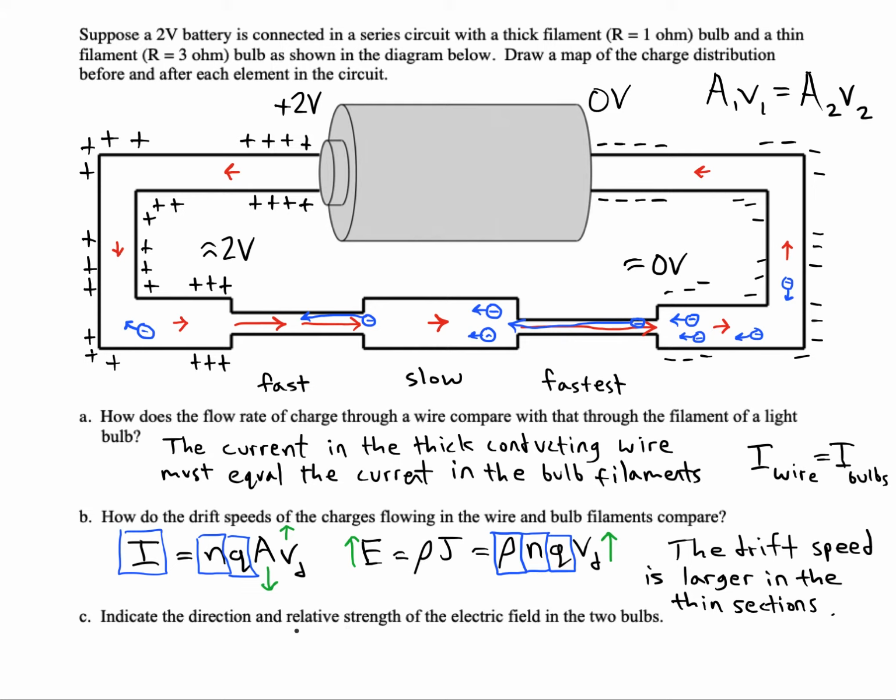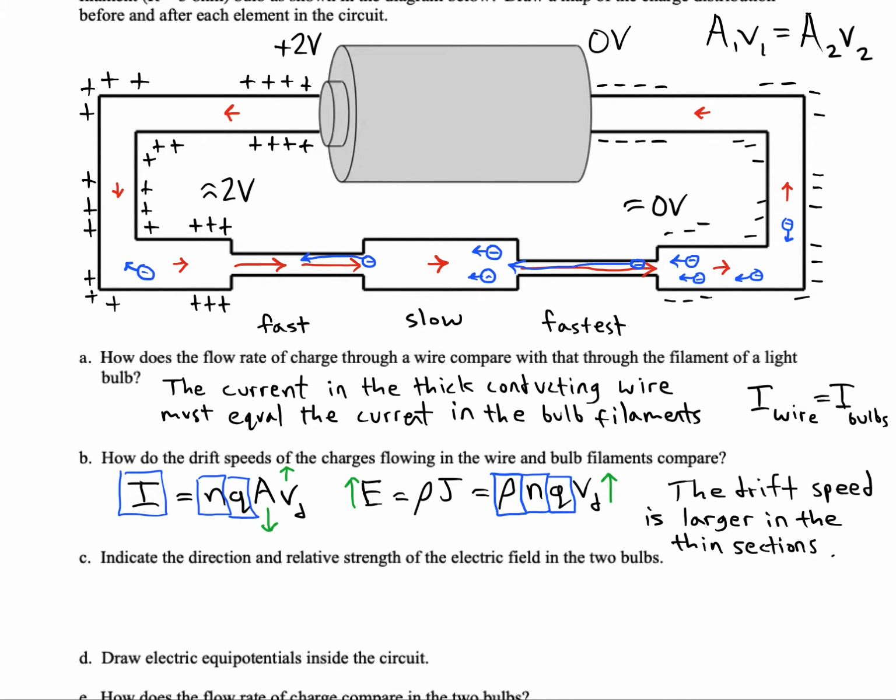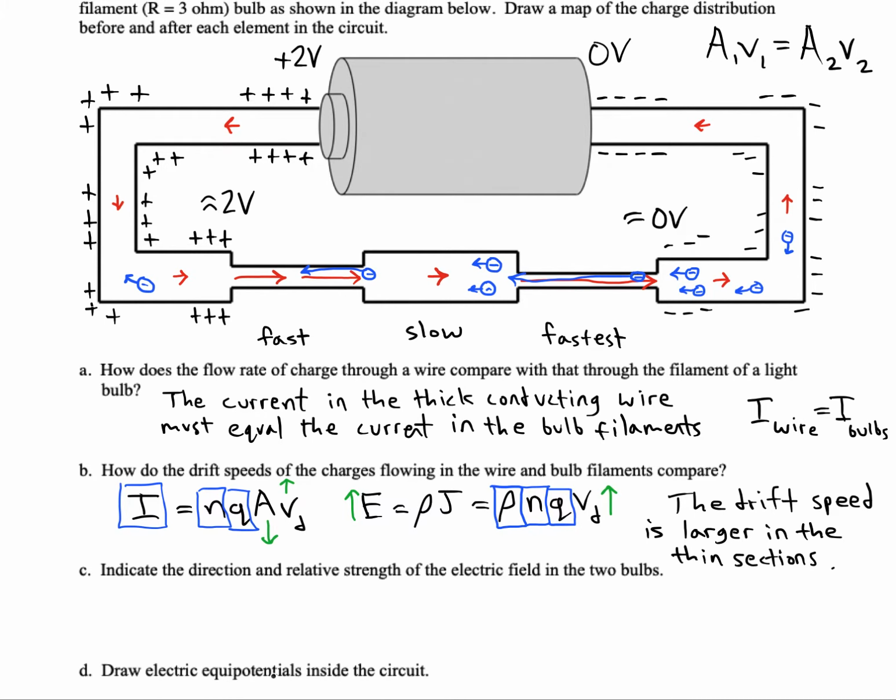Now, indicate the direction and relative strength of the electric fields in the two bulbs. We had done that with the red arrows. Now we want to draw electric equipotentials inside the circuit. Alright, so here's an equipotential. This will be the 2-volt equipotential.